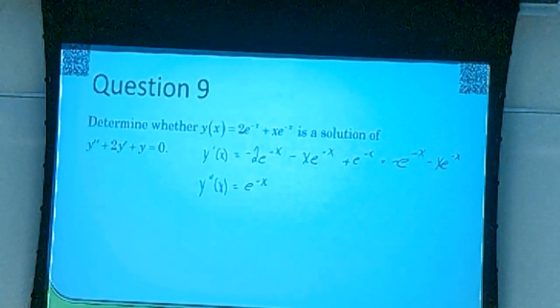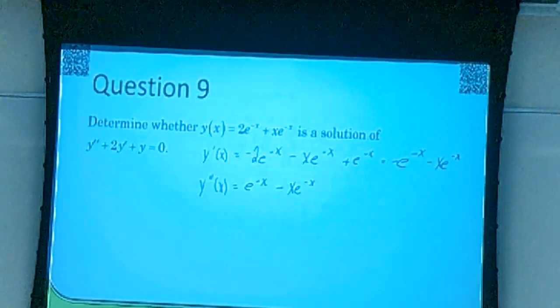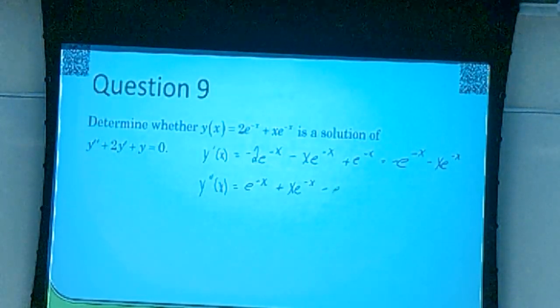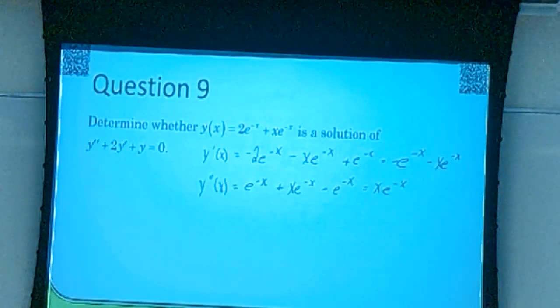Minus x e to the negative x. Plus. Keep going. So where you plug it in. Minus e to the power of the negative. And that'll just become x e to the minus x, right?